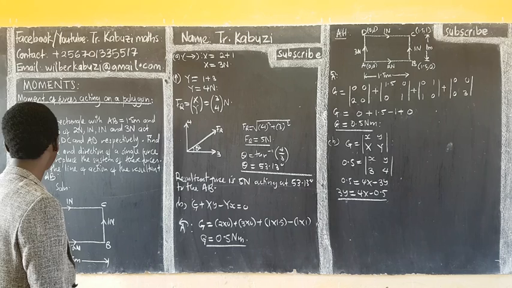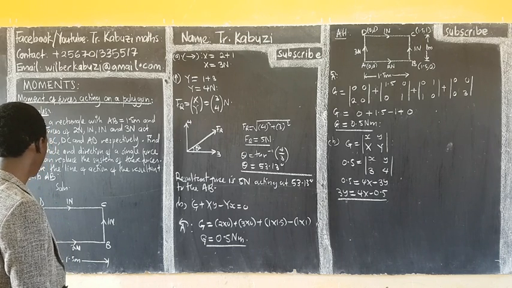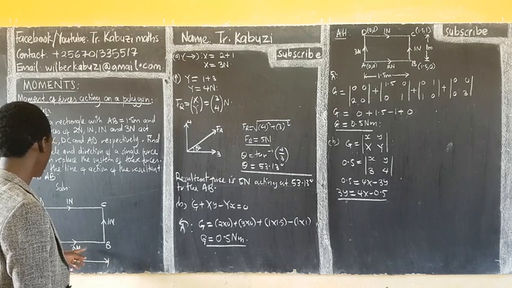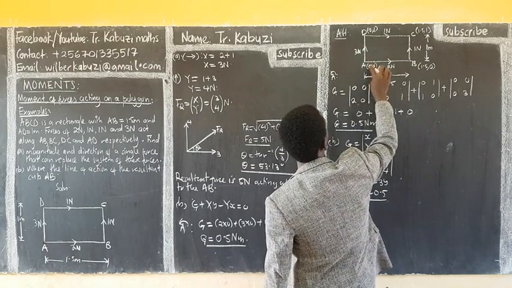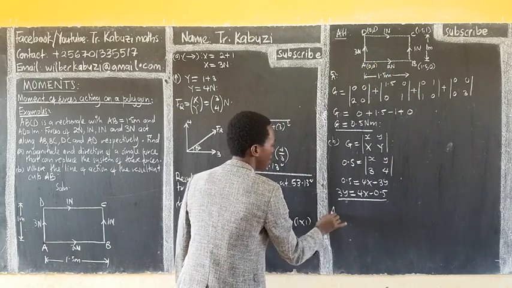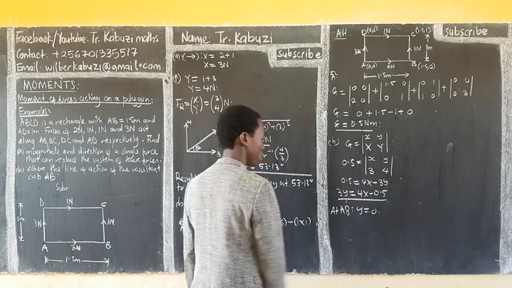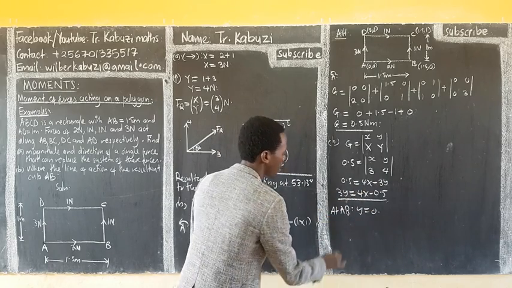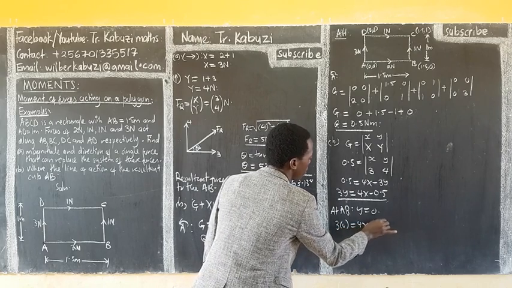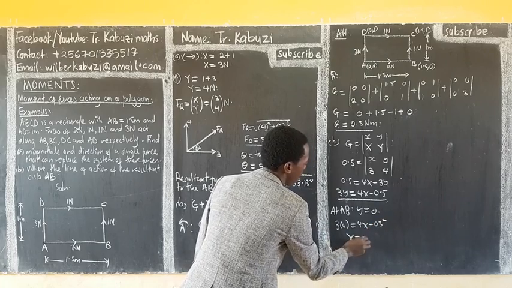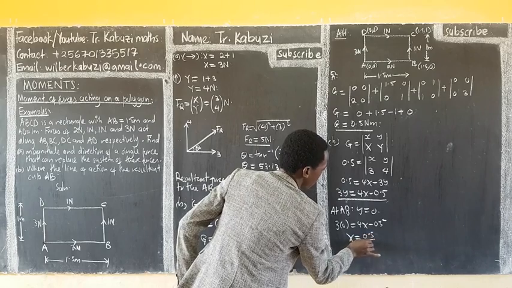And where the line of action cuts AB, where does it cut AB? So it cuts AB here. At AB here, the y coordinate is 0. So at AB, y is 0, so we have 3 into 0 equaling 4x minus 0.5. Find that from there our x is going to be 0.5 divided by 4.